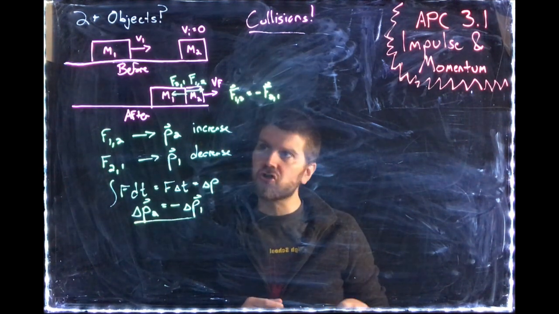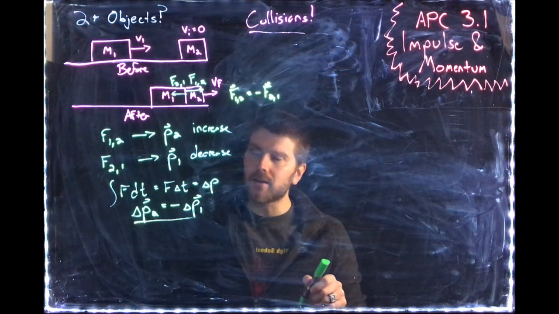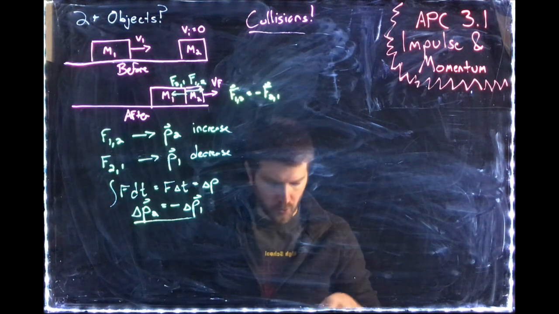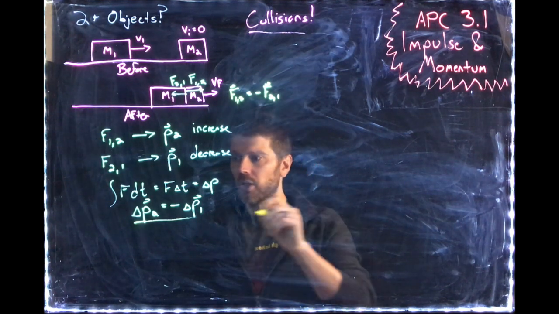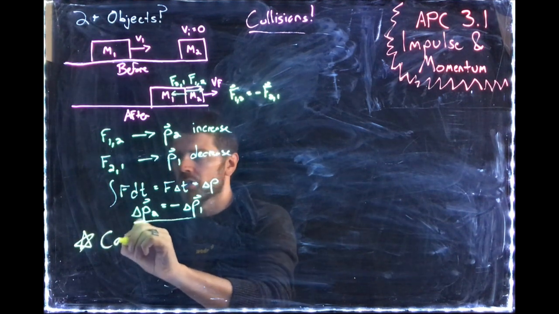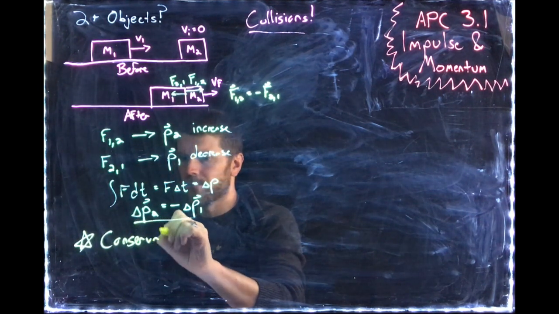Momentum is traded between the two blocks, but any amount of momentum that block 2 gains is lost by block 1. And this is actually a really important law that we're going to talk a lot about, which is called the law of conservation of momentum.